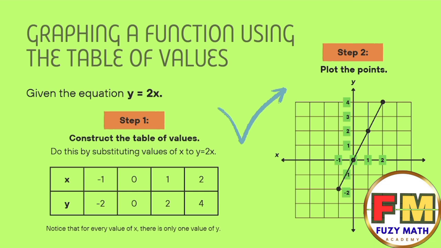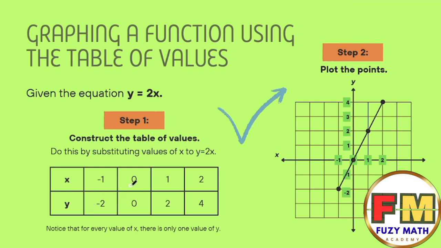Graphing a function using the table of values. Given the equation y equal to 2x, step 1. Construct the table of values. Do this by substituting the value of x into y equal to 2x. Table is drawn for x and y. Value of x is -1, so value of y will be -2.